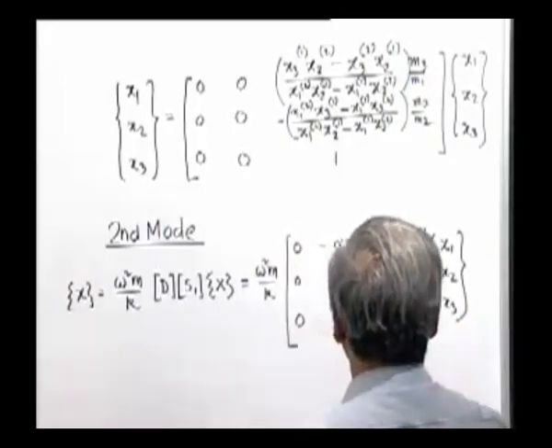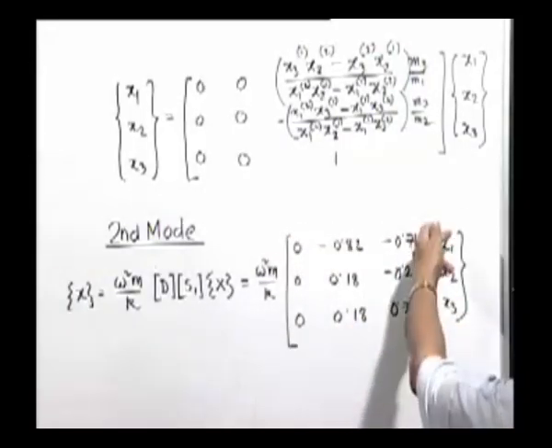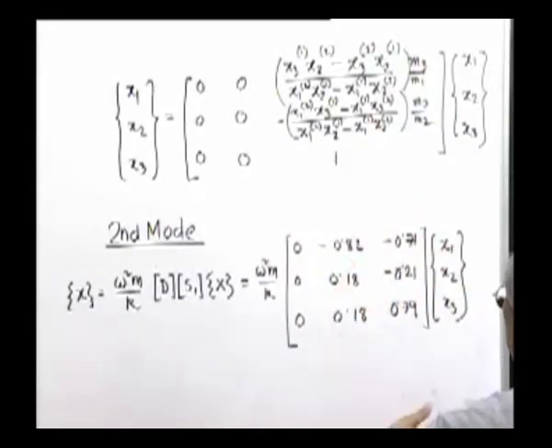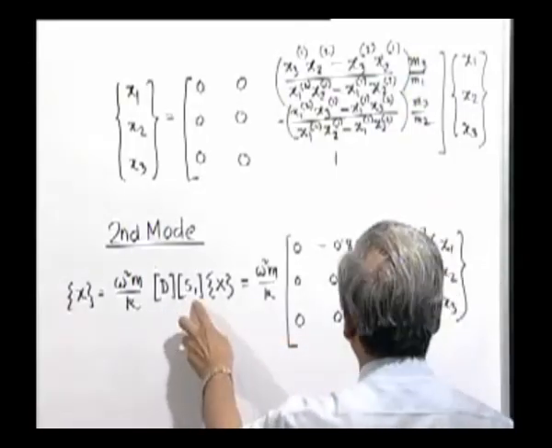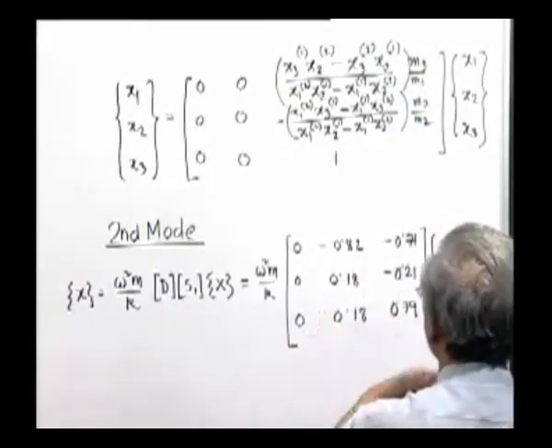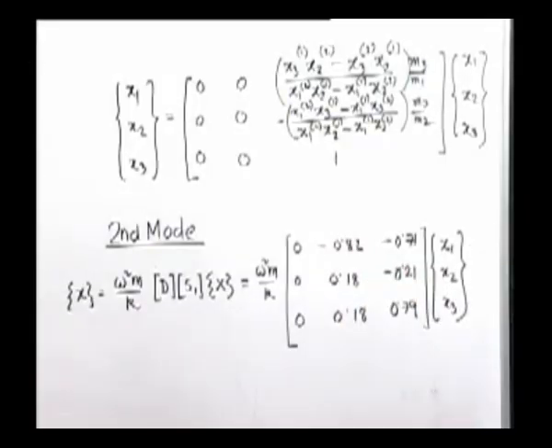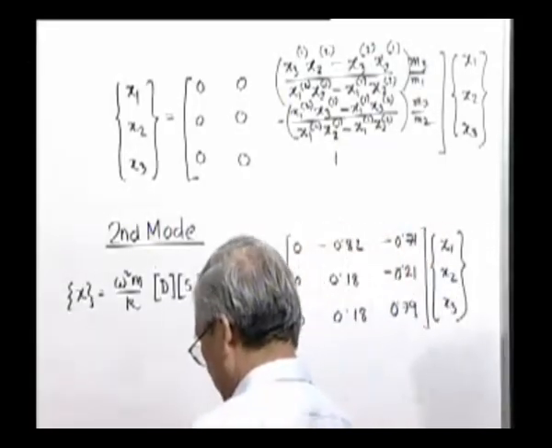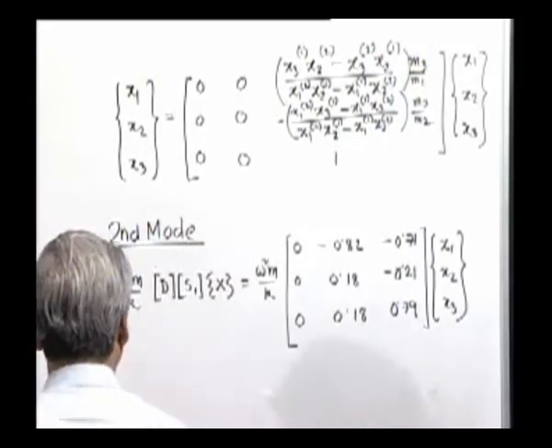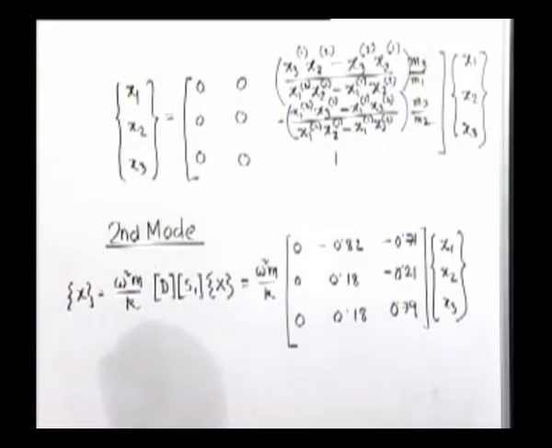This is our final. Now we have to assume something here and repeatedly pre-multiply by this, which is nothing but D into S1. This is going to sweep out the first mode and it will now converge to the second mode. If we start with 1, 1, 1, it does not matter.